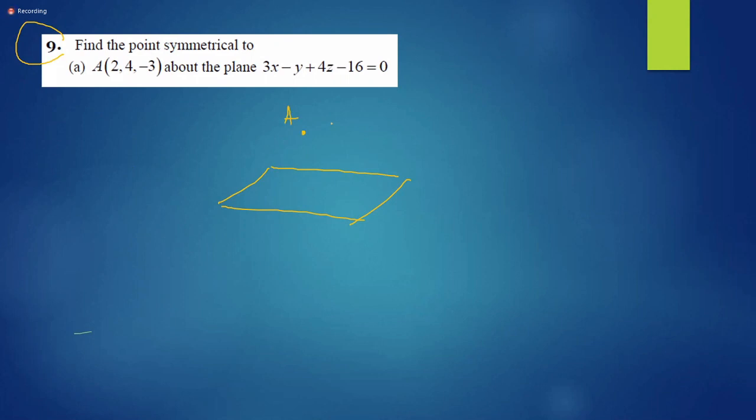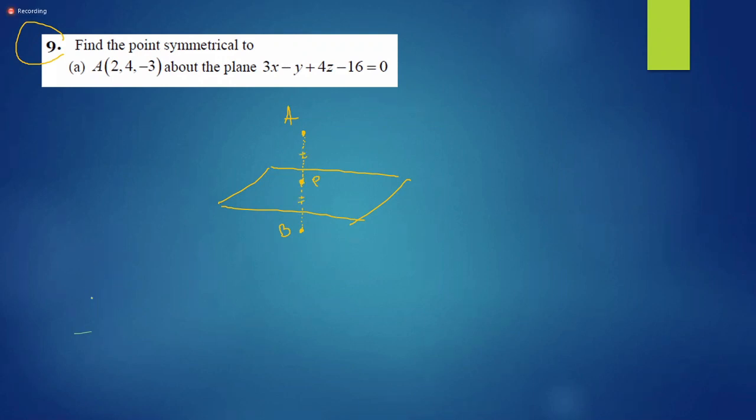So what we need is to find a line perpendicular to this plane. The symmetrical point will be evidently this one, and this is the intersection point. So what happens there is we need this perpendicular line, and we need to have this same distance, the equal distance. Then we can talk about symmetry.